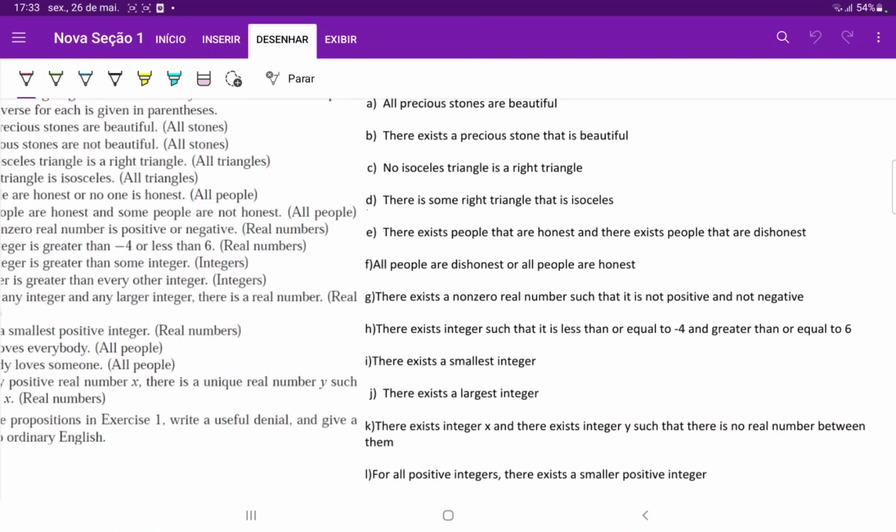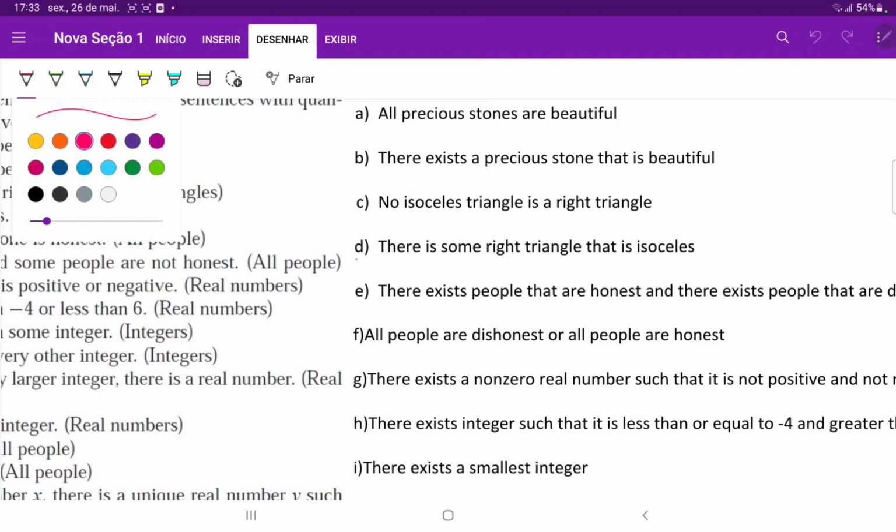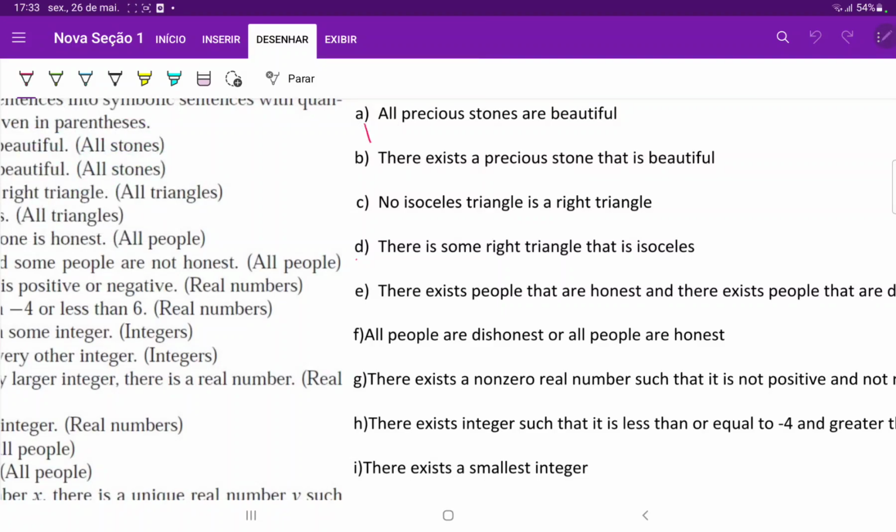So for A, all precious stones are beautiful. What we're going to do here is, for all x, if x is precious, then x is beautiful.